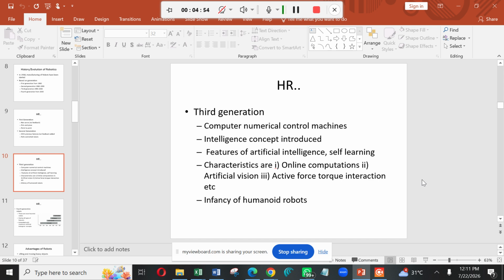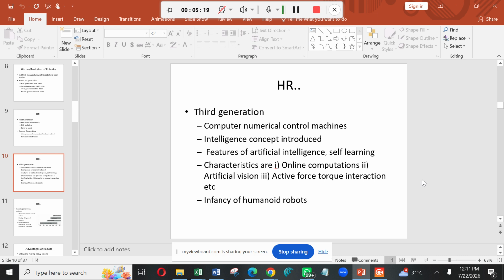I don't know whether you have studied AI basics. Artificial intelligence started 50 years back itself. People started to use AI 50 years back, but it was not in full fledge. Why? Because the programming technology was very difficult.